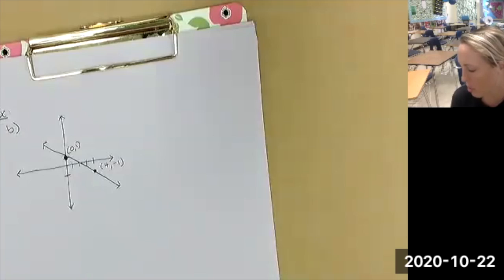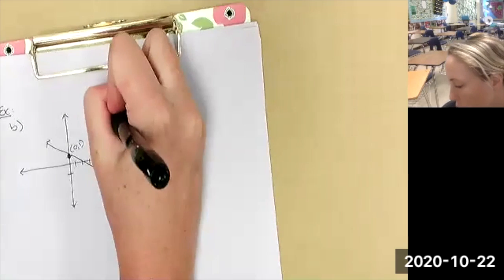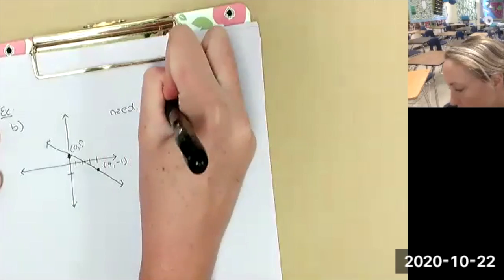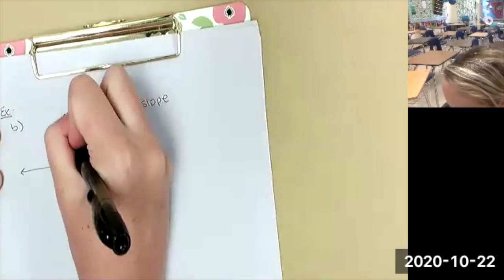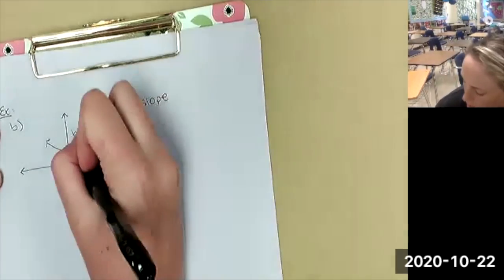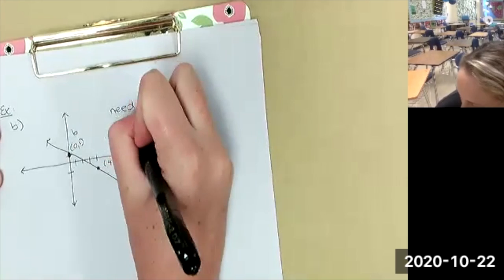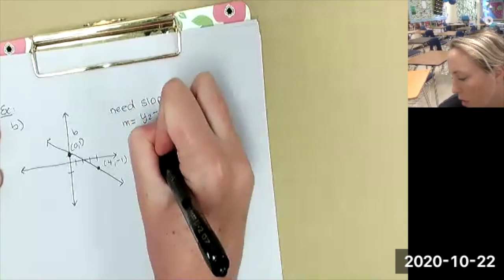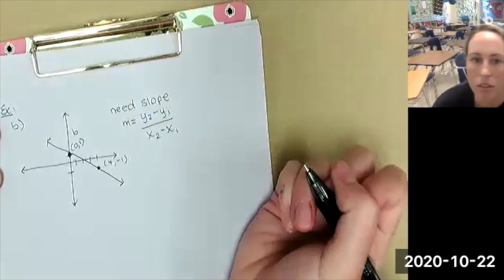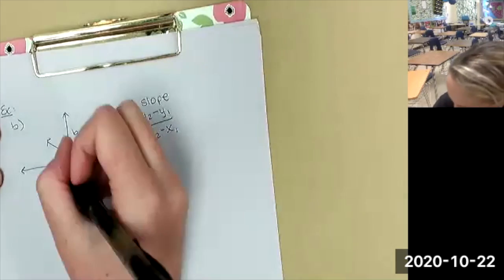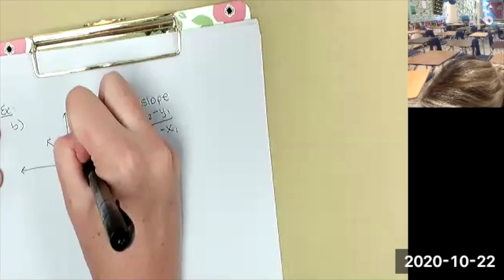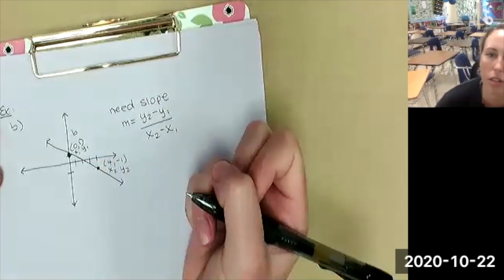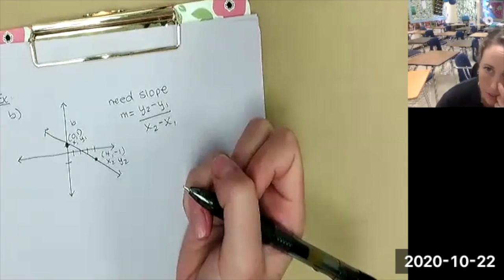But this one's the same steps as the other one, so we need to find our slope because we have our b, but we need our m. So we've got m equals y2 minus y1 over x2 minus x1. So let's label our stuff. We've got x1, y1, x2, y2. It doesn't matter which ones you label the ones and the twos.